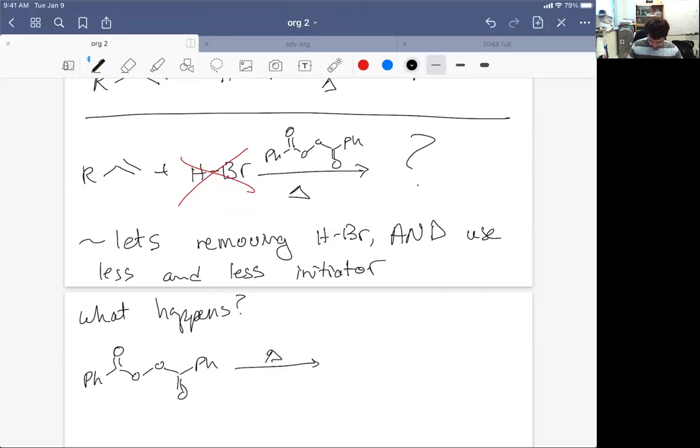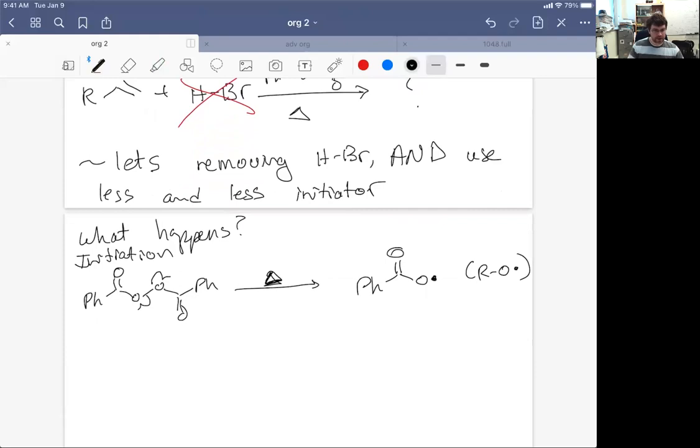That's one thing I know that happens, gosh, that's the weirdest delta ever, but my initiation step occurs where I split the electrons in half that were part of the weak peroxide sigma bond, and I form these benzoyl free radicals, which is my RO dot. Okay, so initiation happens.